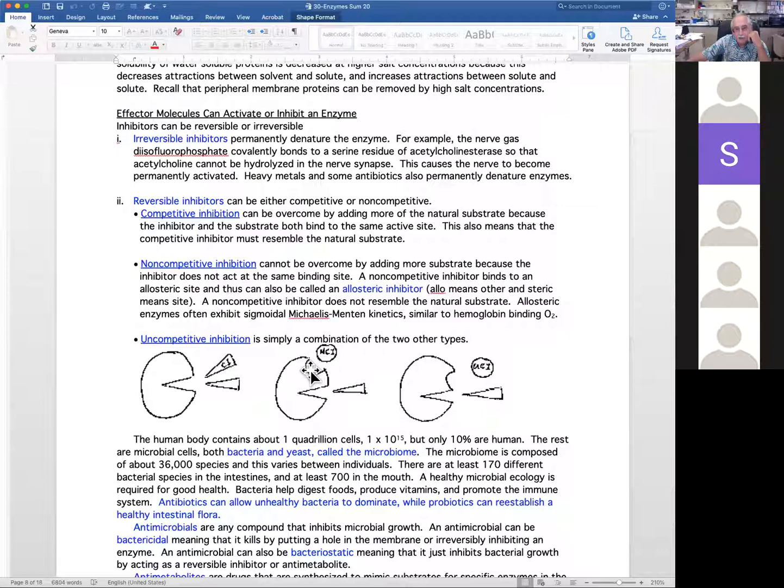It's going to bind, and it's probably going to prevent the substrate from getting in there. No matter how much substrate I got, I can't overcome its inhibition. Over here, the more substrate I put compared to the amount of competitive inhibitor, the more I'm going to outcompete the competitive inhibitor, and my rate will go up.